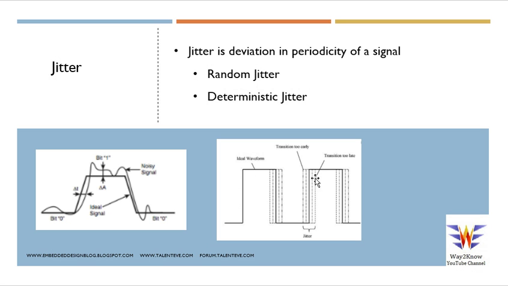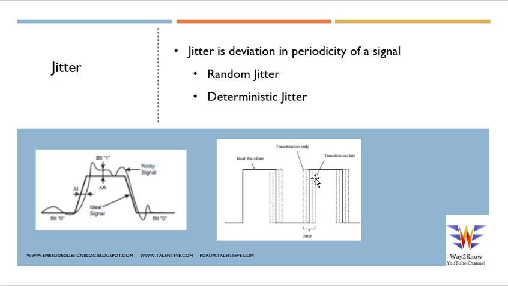So this jitter could be two ways. One is called a random jitter and second one is called a deterministic jitter. So when we say random jitter, random basically is like which can occur at any point of time and cannot be predicted by the designer. So this could basically be due to the white noise in the boards, whereas the deterministic jitter. So when we say white noise, these are mainly due to the thermal issues that are seen.